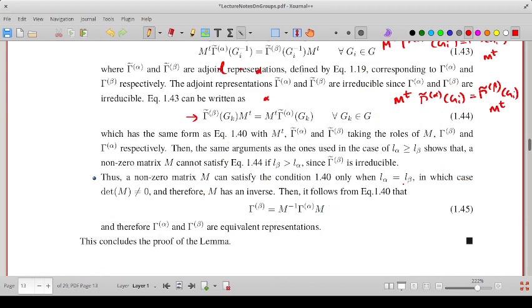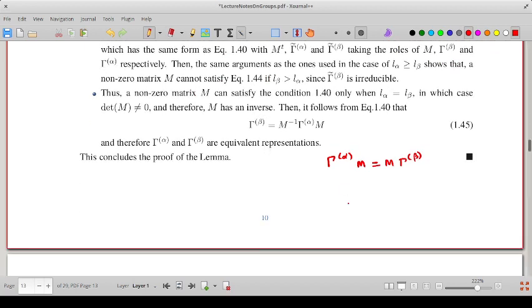So the determinant of m is not equal to 0, that means m has an inverse m inverse. Then the condition that gamma alpha m equal to m times gamma beta can be written in the following way.